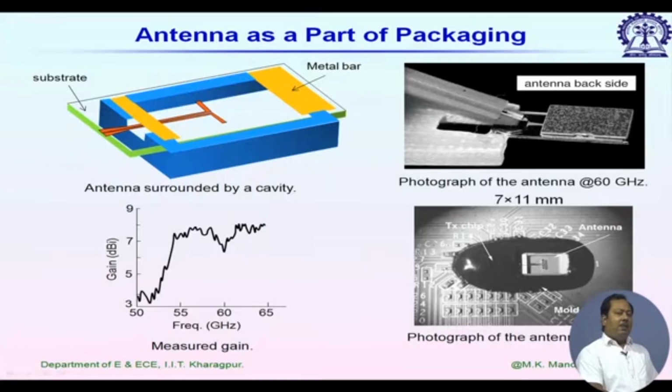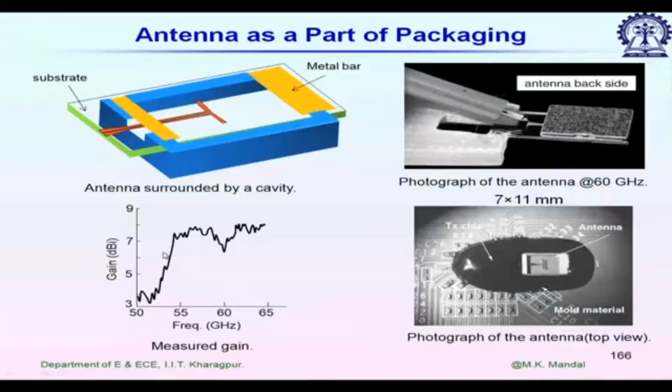Now, with all these precautions, when we could avoid coupling between the radiator and the MMIC structure, not only that, power coupled to substrate we could also avoid in this, because we are using some air cavity for that. We can improve the gain to 6 to 7 dBi.